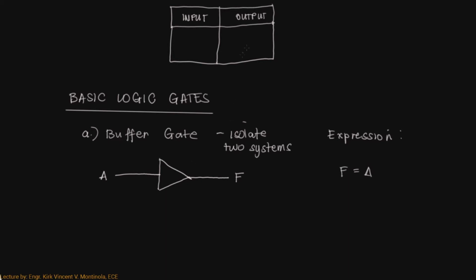And another purpose is to match impedances. In your higher communications later on, every electronic component or electronic subsystem requires you to match their input and output impedances. So that is where our buffer comes in.